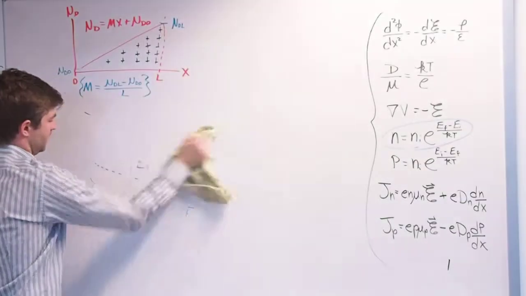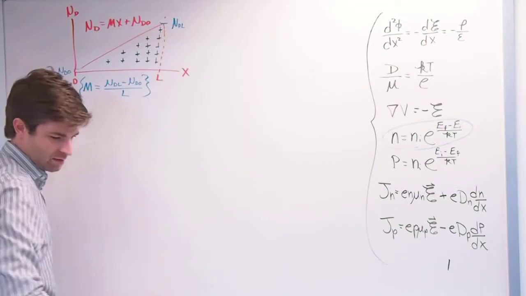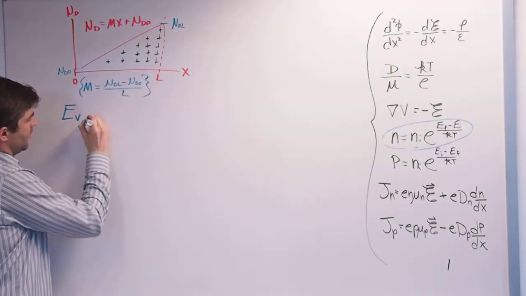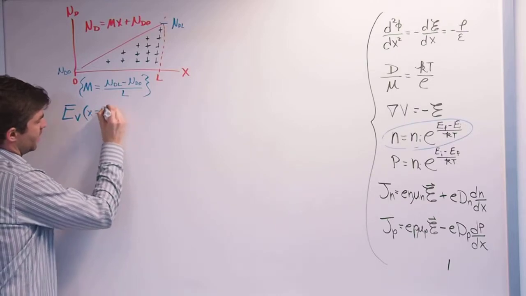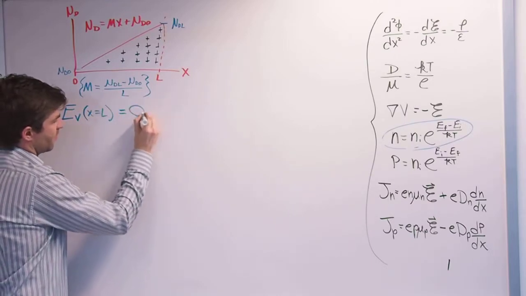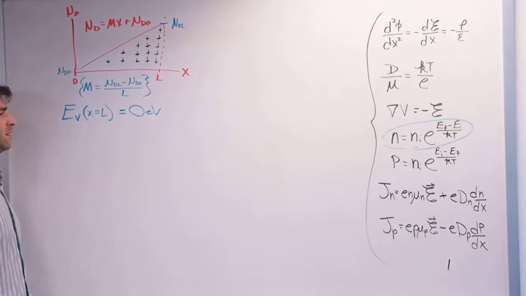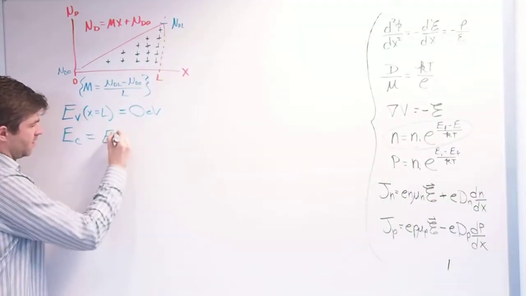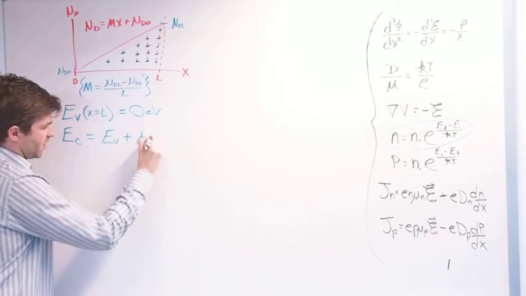So let me erase this. I'm going to normalize EV at x equals L to 0 electron volts, and I'm going to say EC is just EV plus EG.